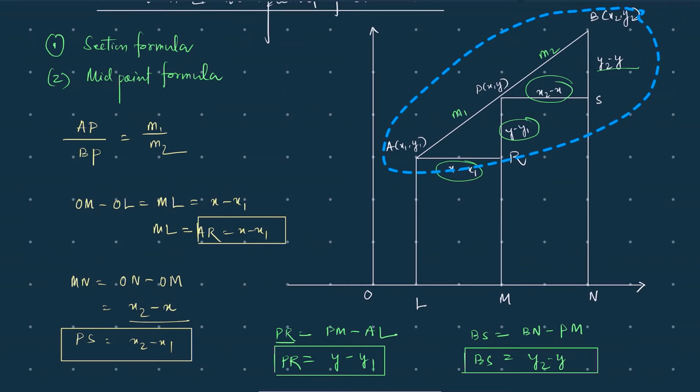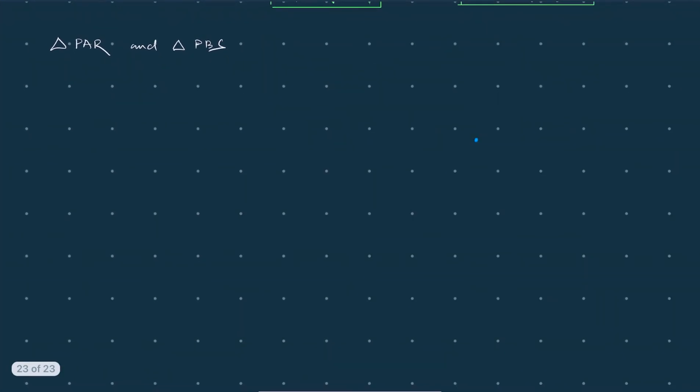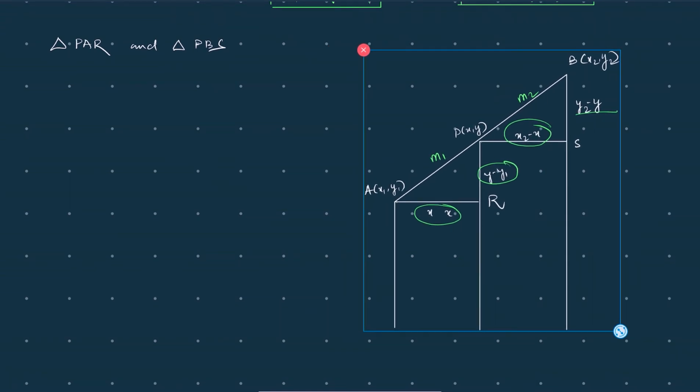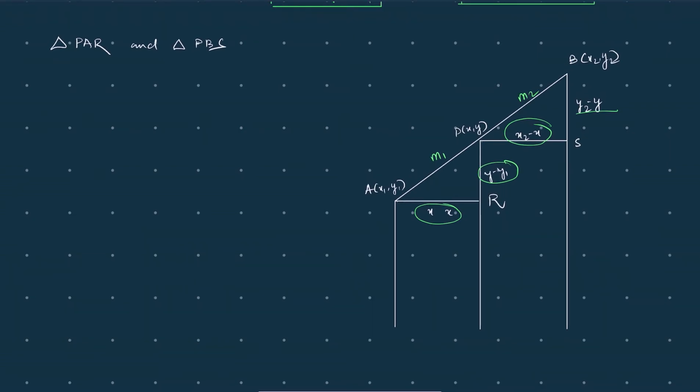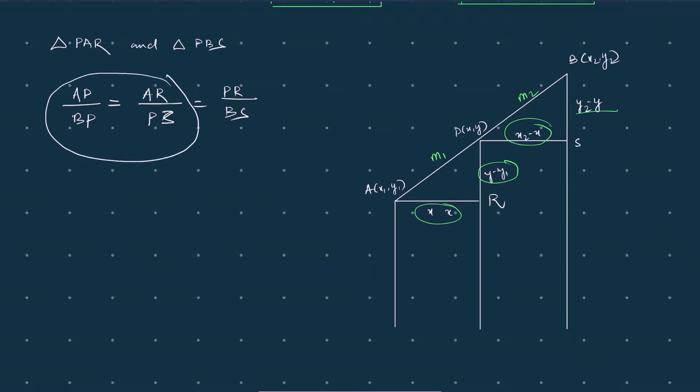Now you see in these two triangles, AP by BP is equal to AR by PS, which is equal to PR by BS.